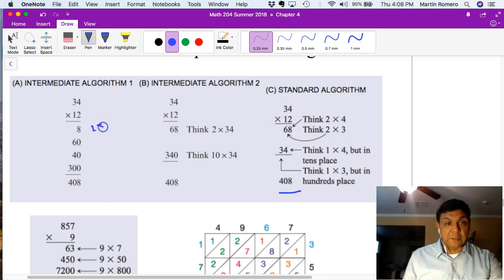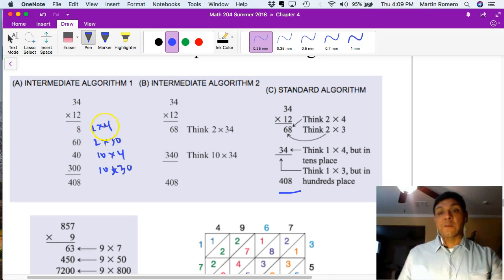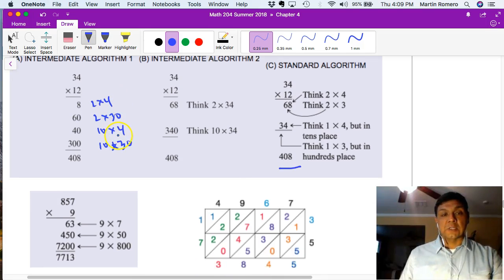Where's the 60 come from? Because it's 2 times 30. Where's the 40 come from? Because it's 10 times 4, and the 300 is 10 times 30. So you can see those numbers come from there too. And again, that would be a distributive property issue there.